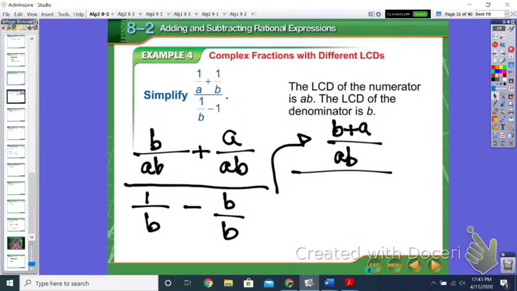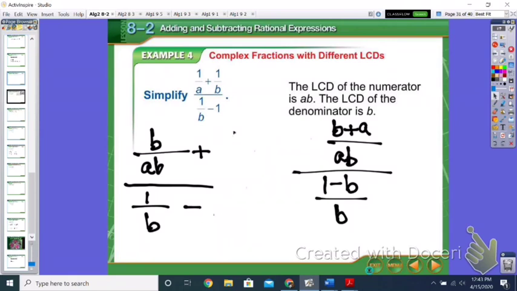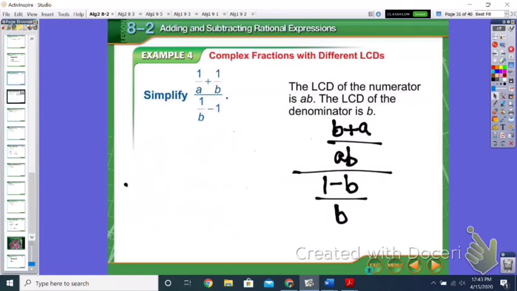And in the denominator, it is 1 minus B over B. Right? Now it goes back to some problems that we had last week. And I think I'm going to try. Okay, yeah. Let me use this eraser so I can sort of keep what we have there, but make use of the space over here again.